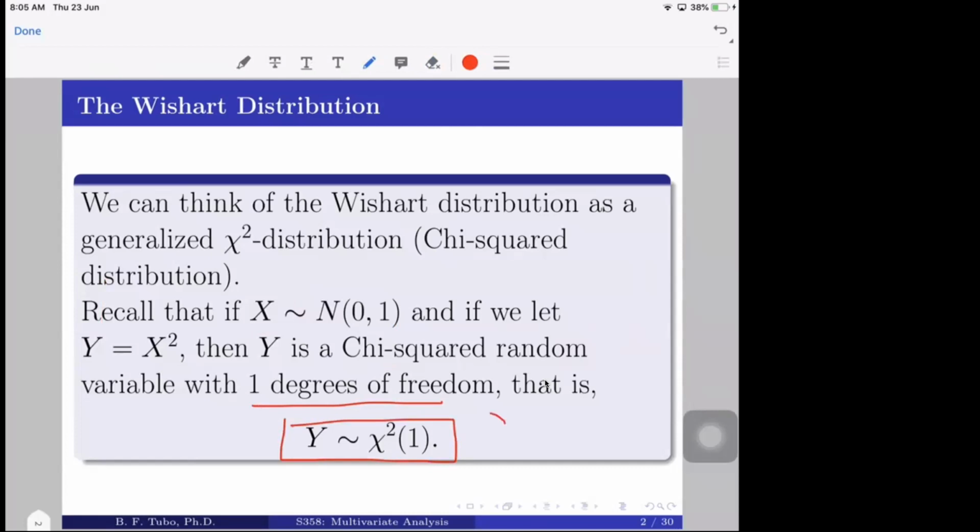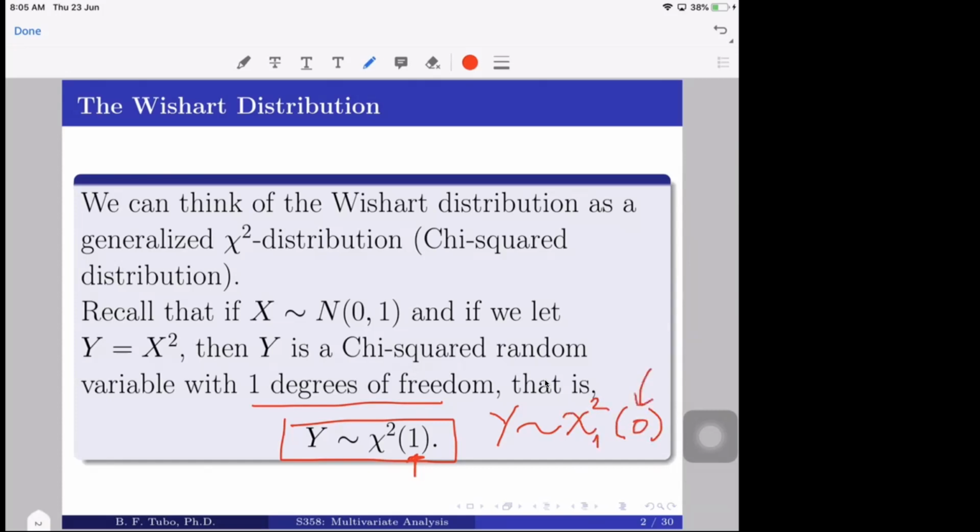Now, when you put your degrees of freedom there, it is assumed that it is central chi-square. But later, we shall introduce a non-central chi-square. So generally, we usually write it in this manner, and here will be the centrality parameter.